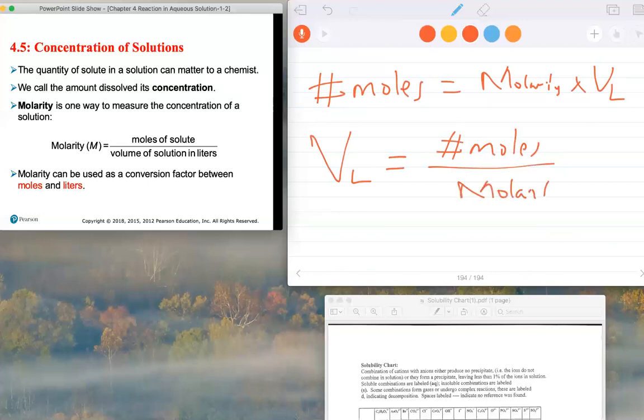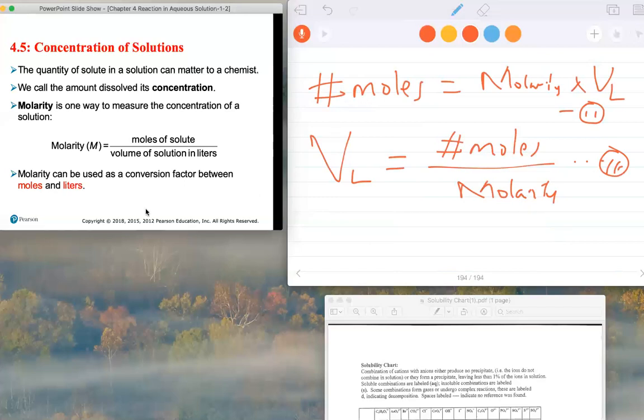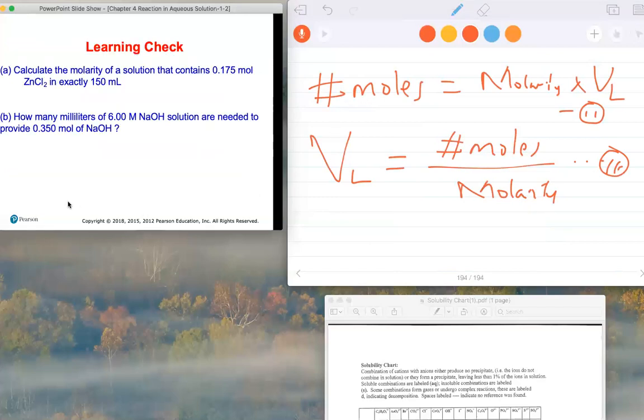Just to show you some of the equations you should be able to derive from this equation. So I may give you in the exam this equation, and I'll ask you to find the number of moles. So change the volume to what? To liters. Let's see an example here.